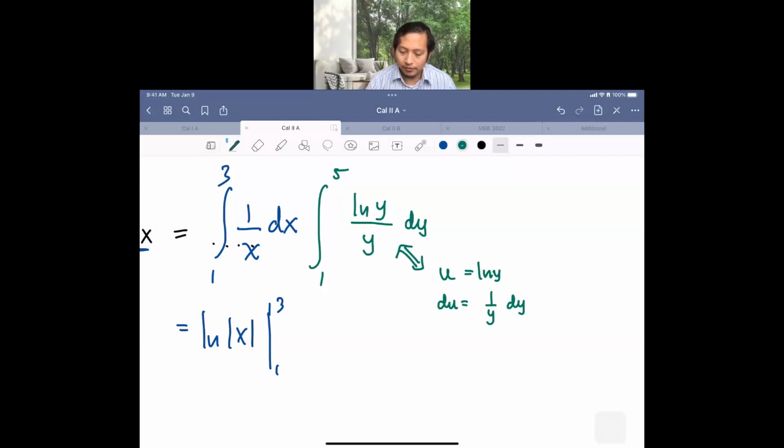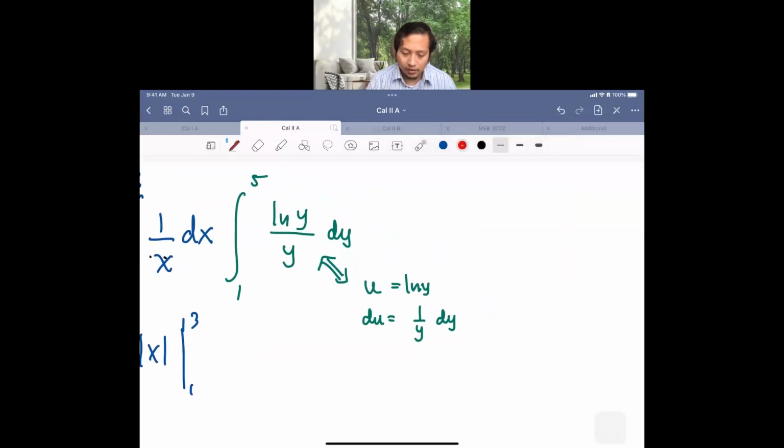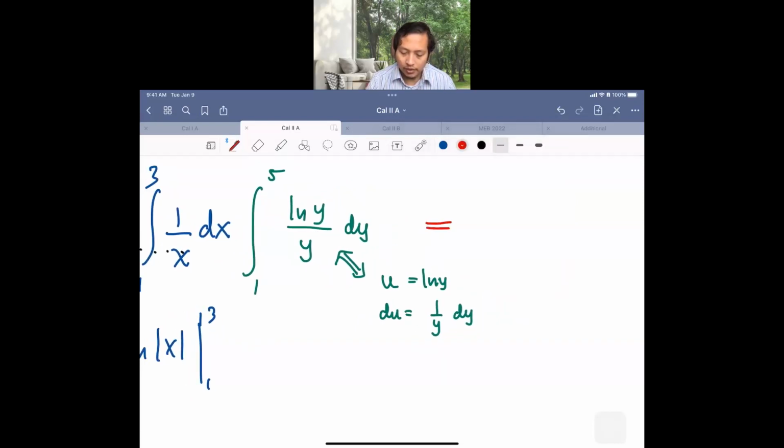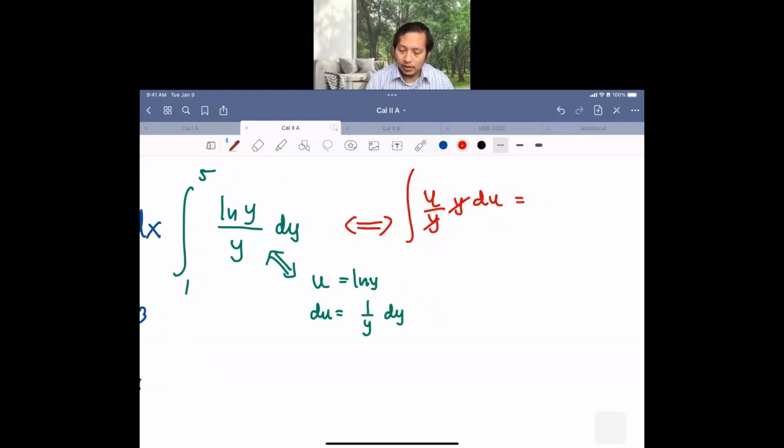If we write it in a different space here, ln y is u. The integral of ln y over y dy becomes y du, so we can cancel the y, and this is u du. We can write that as half u squared plus c.